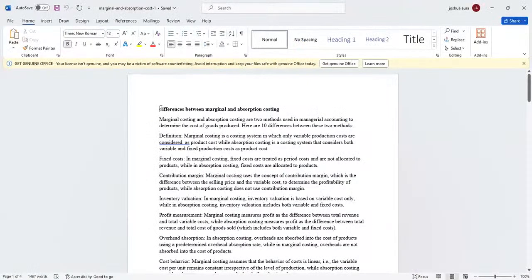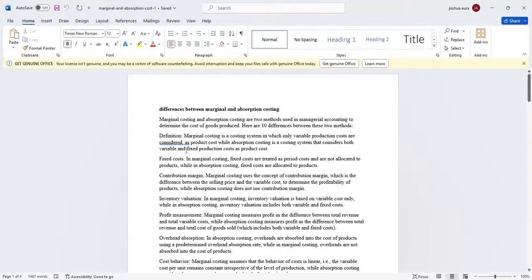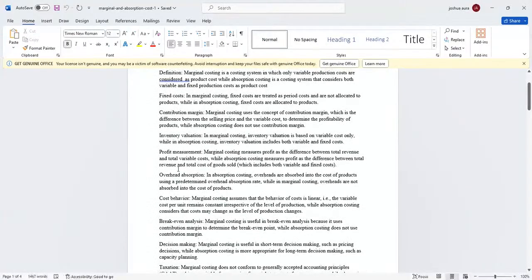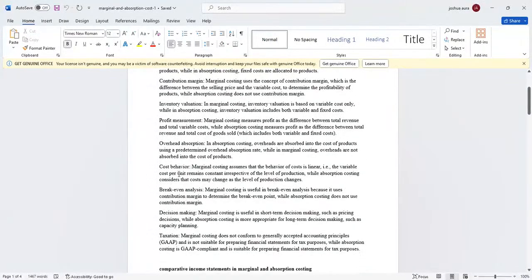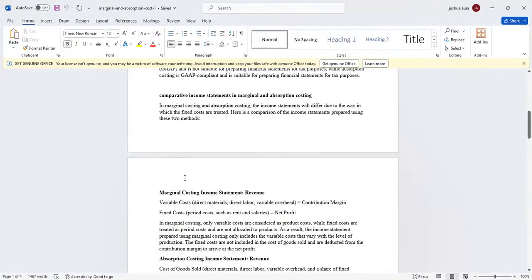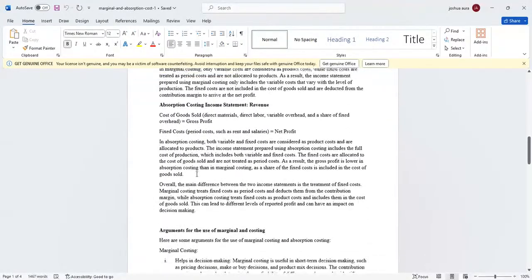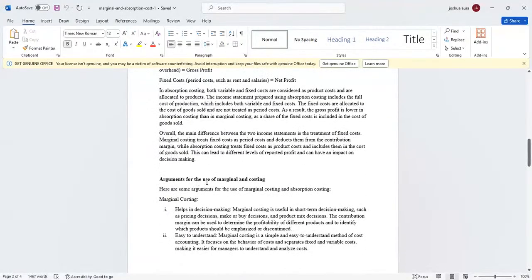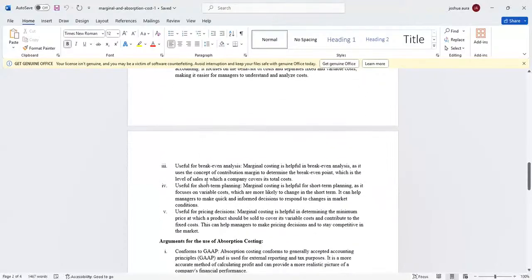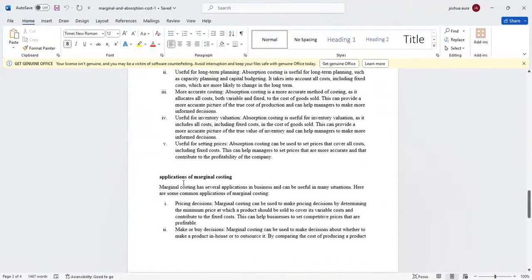You are being told to give the differences between marginal and absorption costing, based on definition, contribution margin, inventory valuation, comparative income statements, the structure, the components. Arguments for the use of absorption costing, we have them there.